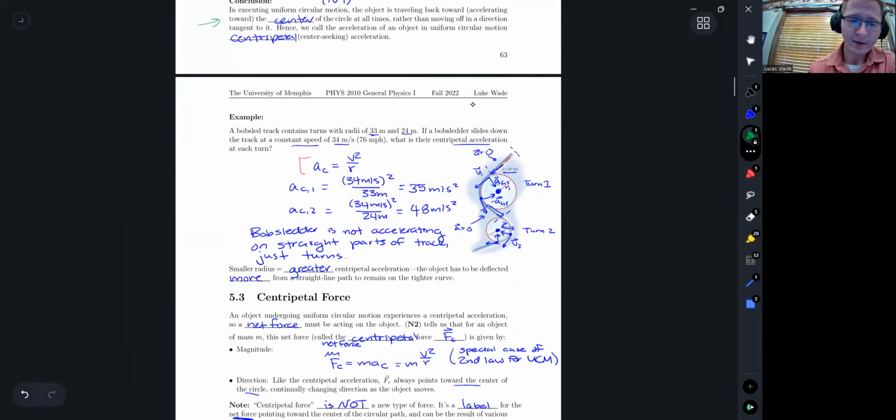And so I think this example right here is a very good one to look at and make sure you understand how we got those numbers. It's also good to know, if you're going along a straight path at a constant speed, what does that say about your acceleration?